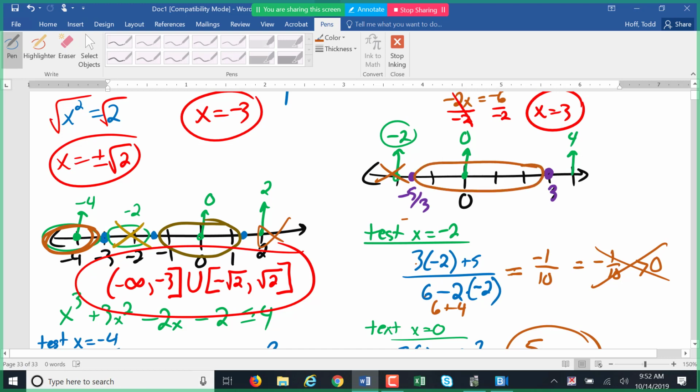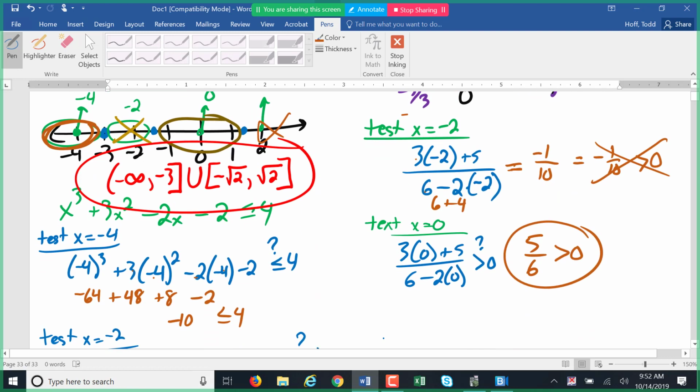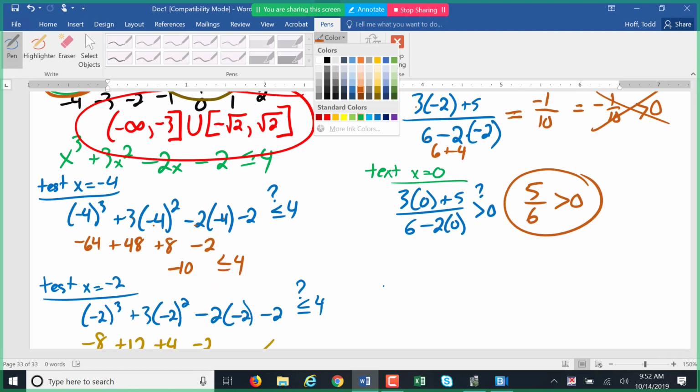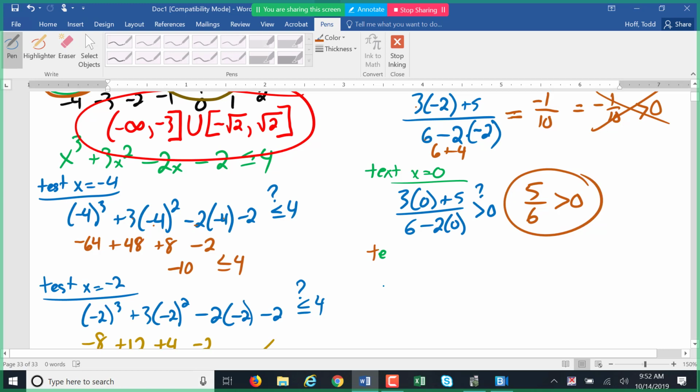Let's test our last region over there using the 4. Since x equals 3 was an asymptote, not a root, generally at roots, if it's true on one side, it's false on the other. But with an asymptote, there's no way of knowing.